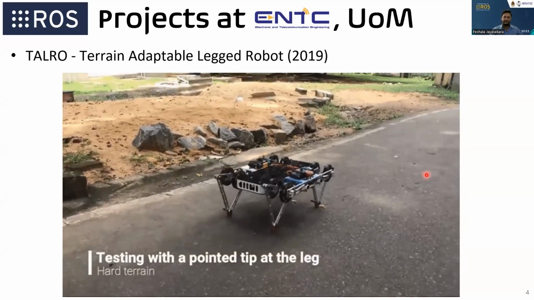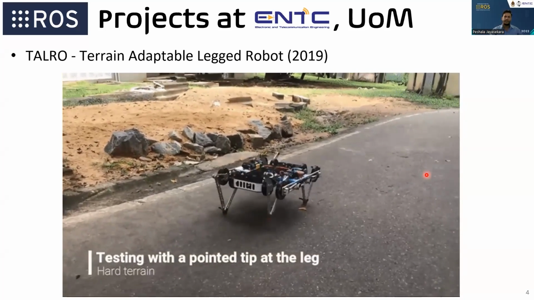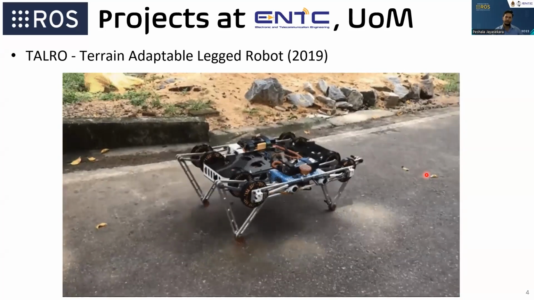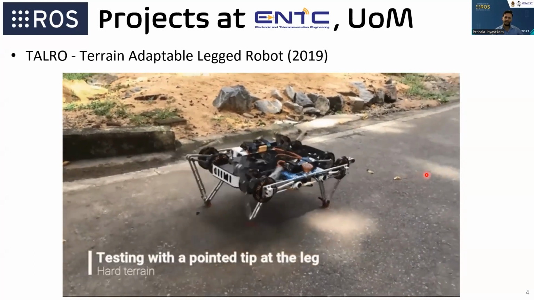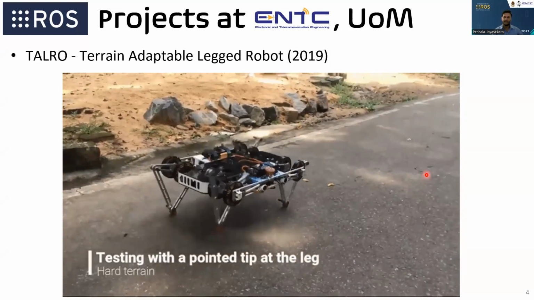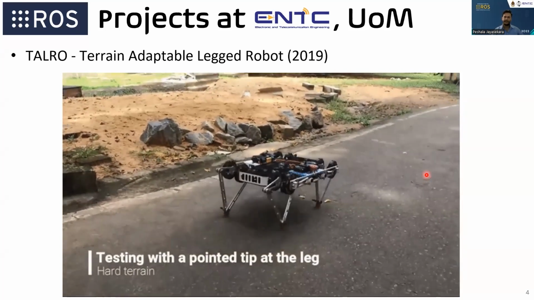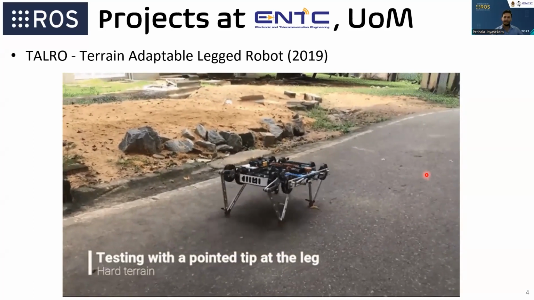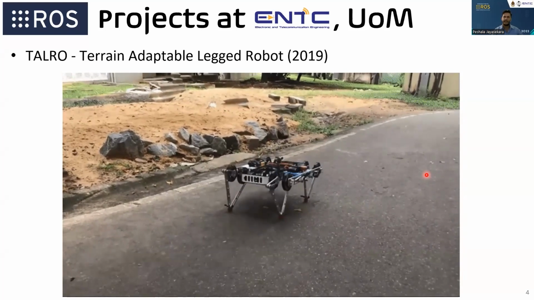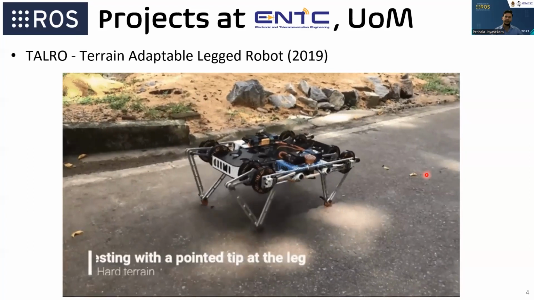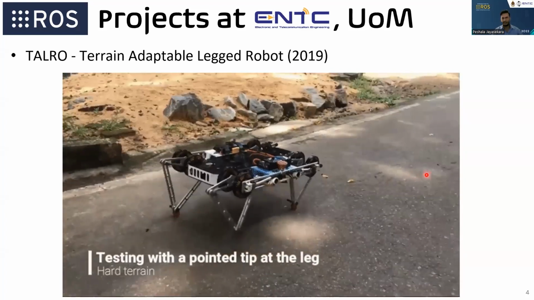Our motivation for this project is to come up with a terrain adaptable legged, or quadruped, robot. When you say quadruped, that means it has four legs. It should be able to navigate on different terrain types, and we mainly focused on three types: sand terrain, muddy terrain, and also regular hard surfaces, right?